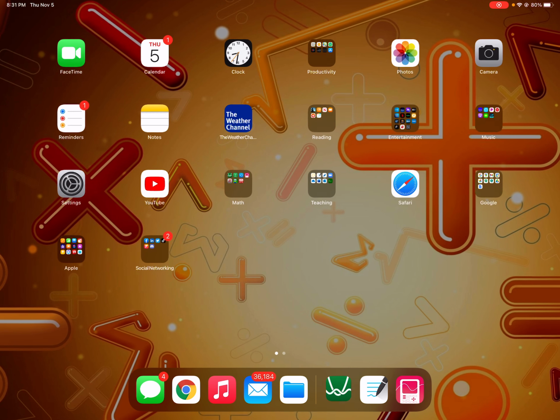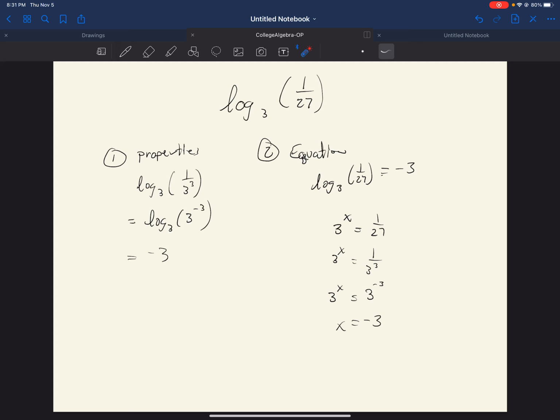And why is that true? That is true because log base b of 1 equals 0 for every b greater than 0 not equal to 1, because b to the 0 is 1.